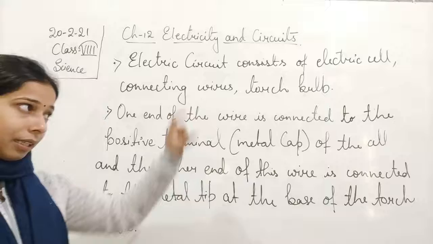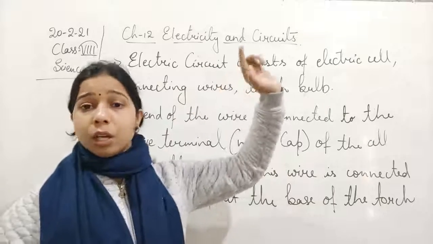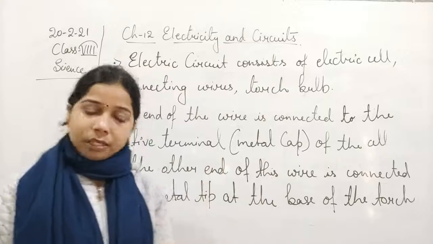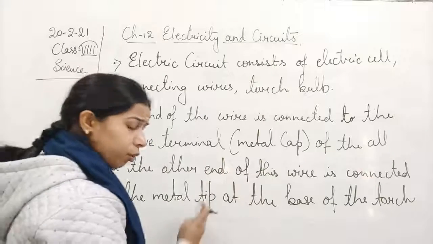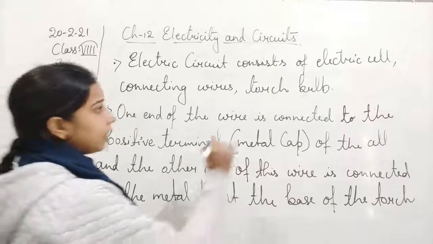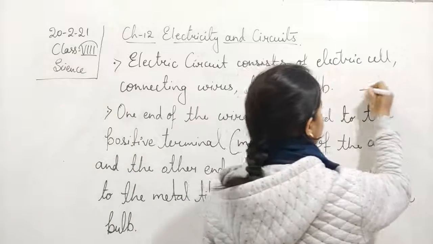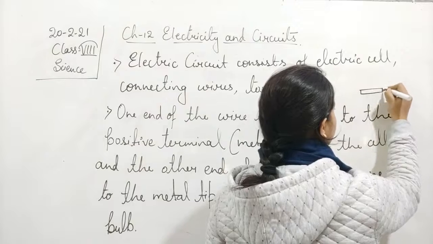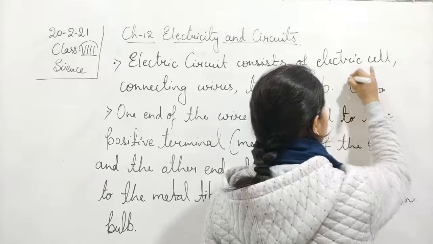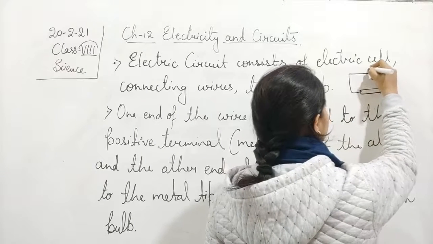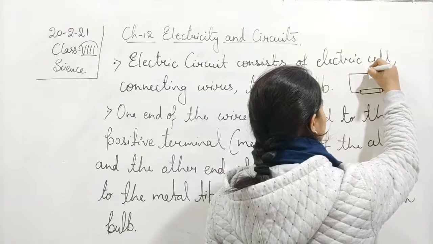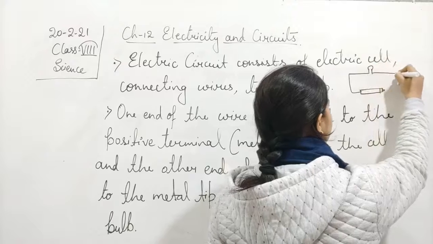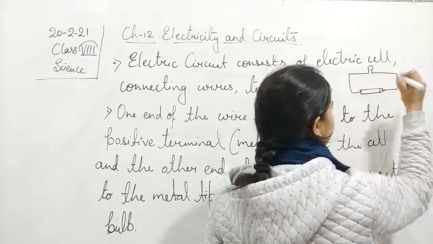Okay, so we have connected one end of the wire to the cell and the other end to the torch bulb, right? If you look at the diagram, student, this is an electric cell consisting of a metal cap, and here the torch bulb will be there, and this kind of connection will be there.